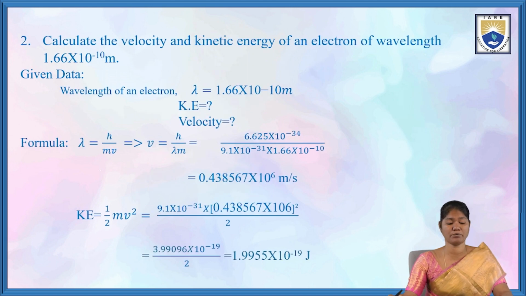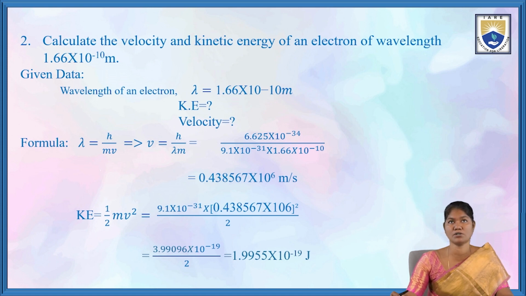Coming to the second problem: calculate the velocity and kinetic energy of an electron of wavelength 1.66 into 10 power minus 10. This is also the same as the first problem, but here I use a different formula for the same thing, so in this also we can get the same values.